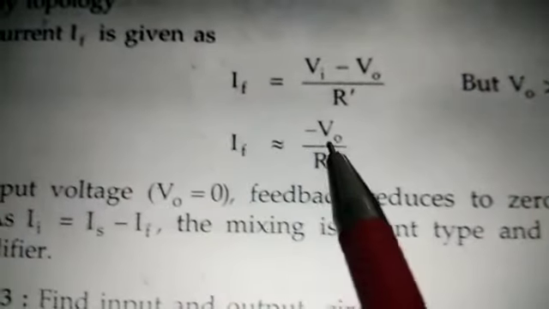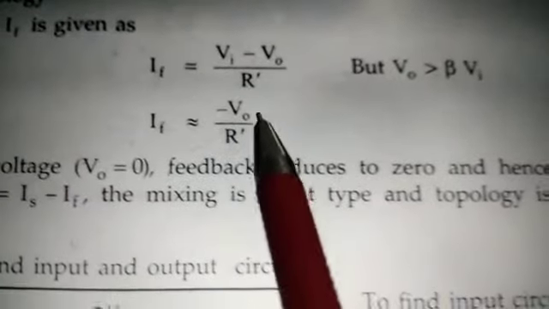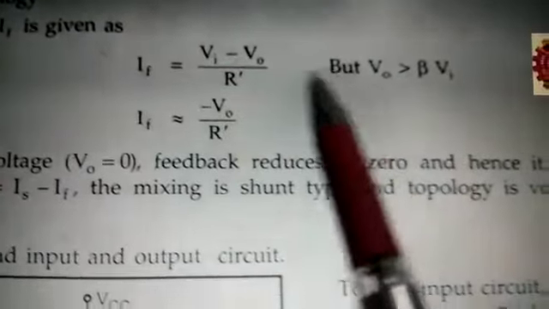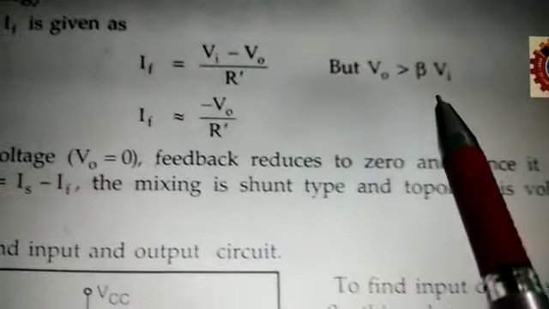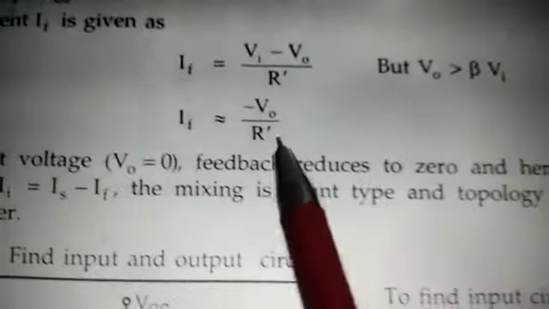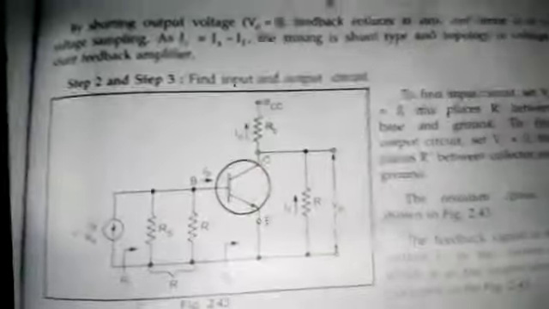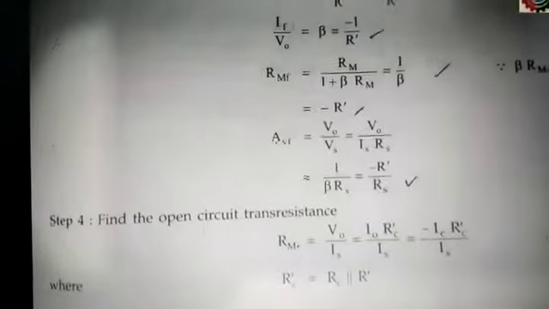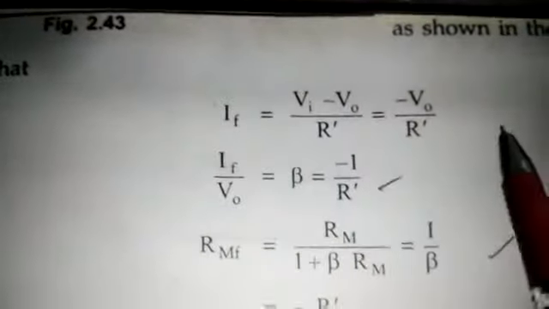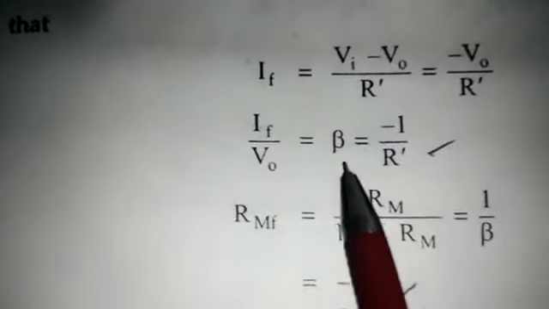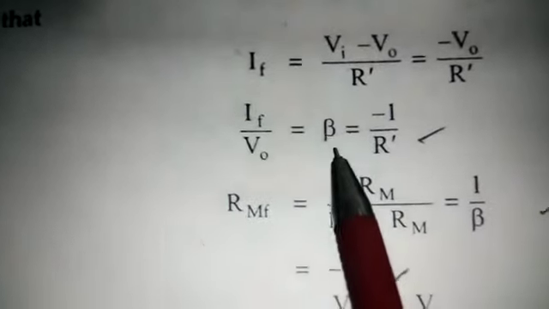And this IF is approximately equal to minus V0 upon R dash, because V0 is very much greater than beta times Vi. Therefore, we can write V0 by R dash. Once you get this equivalent circuit, now we will go to find out the parameters. Now, IF we have already seen, minus V0 upon R dash. Then beta is called the feedback factor.